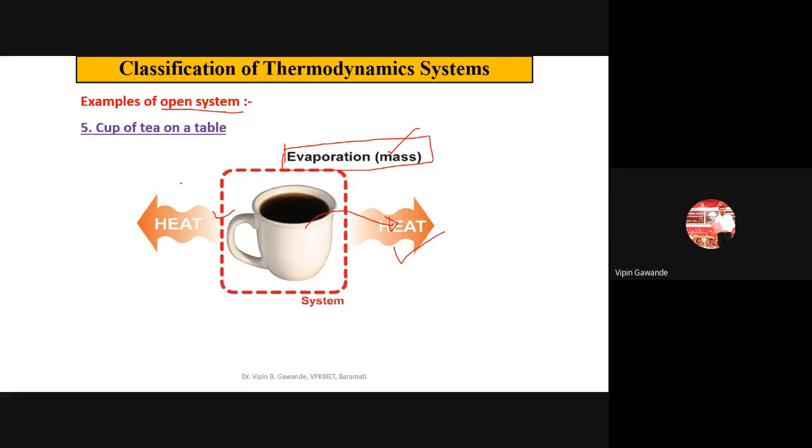If you put a cup with hot coffee or tea on the table, that system is called an open system. Here the mass is removed in the form of evaporation, and the heat gets removed. That's why it is called an open system.